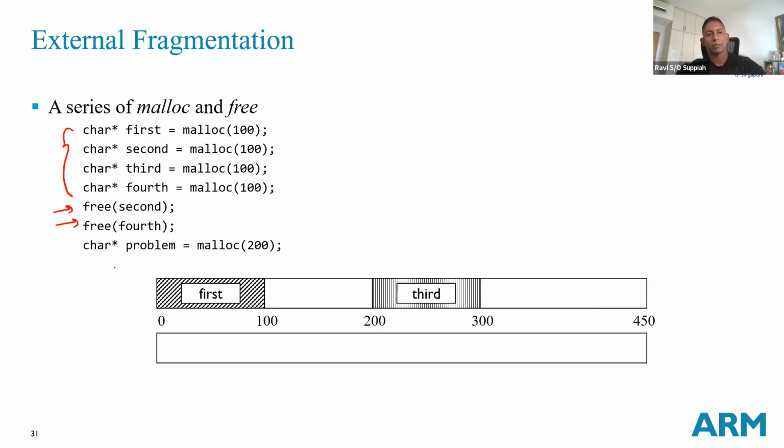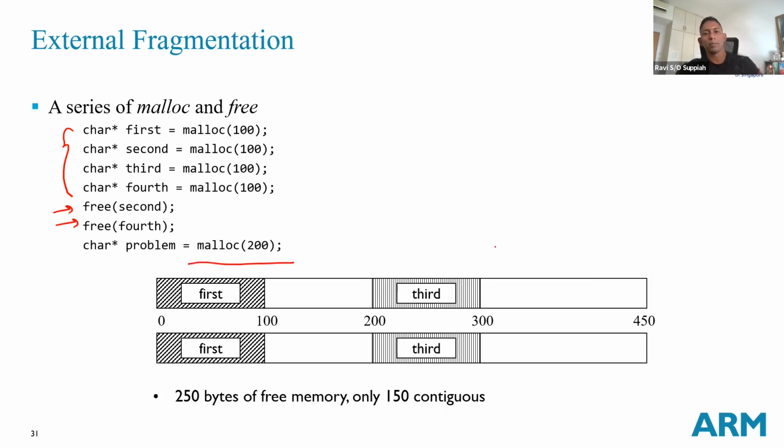But subsequently, when I try to allocate 200 bytes of memory, it is not possible, because there is no contiguous block of 200 bytes available. Even though the total space is more than 200, I only have 100 and 150 as 2 separate blocks. So when I try to malloc 200, it will not be possible. That is where the fragmentation issue is visible.